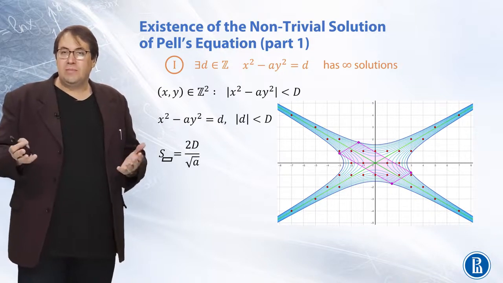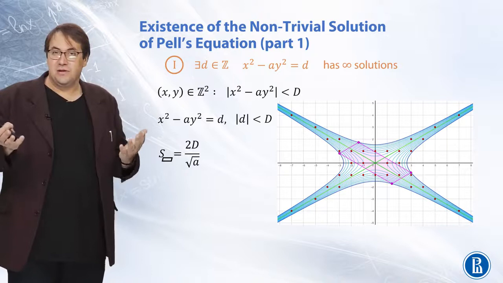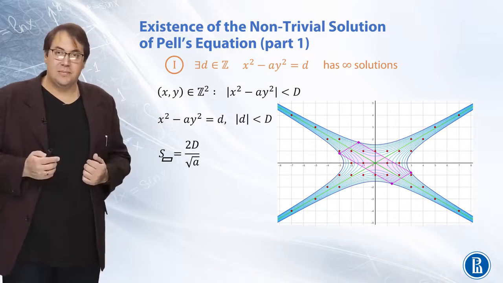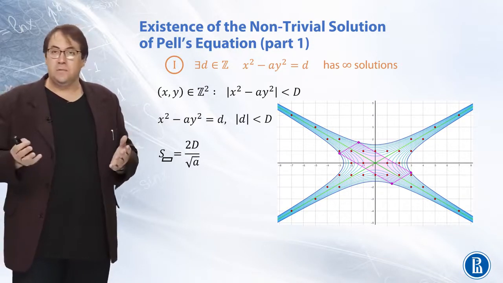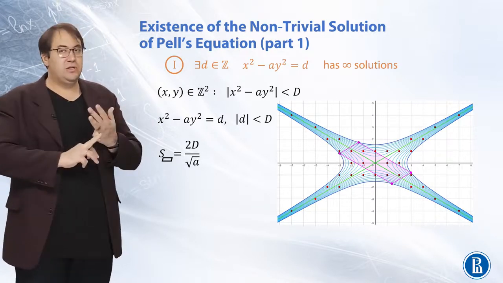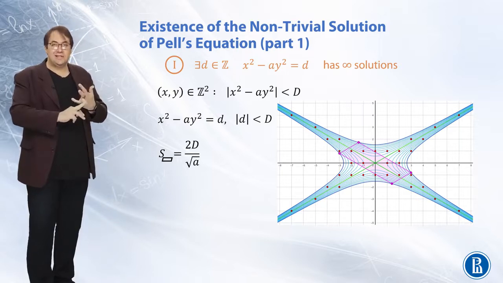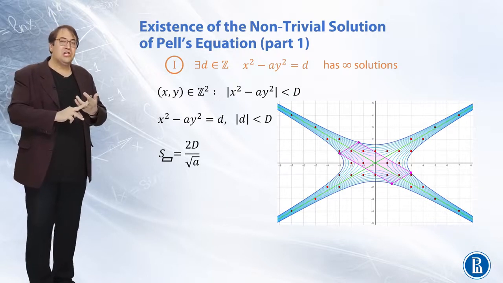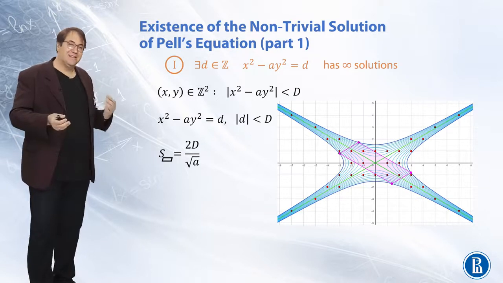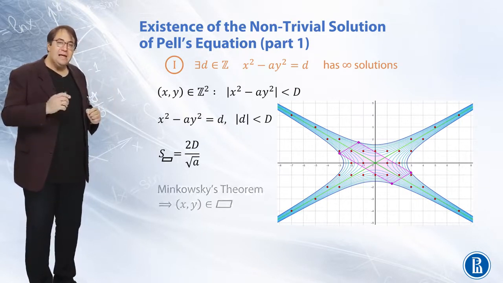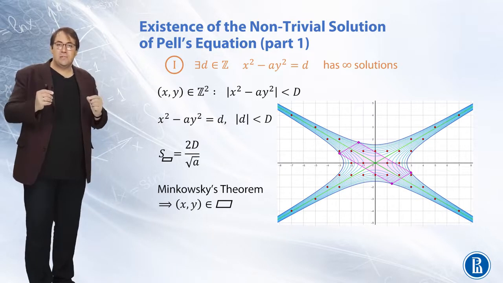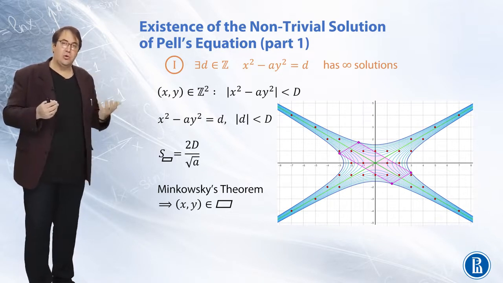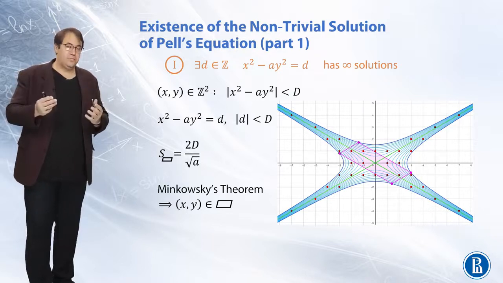And now, remember a famous theorem which we studied not so long ago, called the Minkowski theorem, which says that if we have a figure which is centrally symmetric, like a parallelogram, convex, like a parallelogram, and with area greater than 4, which can be provided by choosing large enough capital D, then inside this parallelogram there will be an integer point other than the origin of the coordinate plane, other than (0, 0).